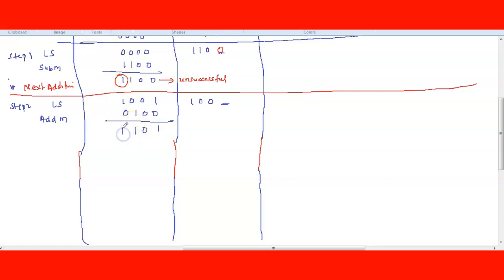This is 1. So here again the MSB is 1. This step is also unsuccessful. So the quotient bit will be 0, and again the next step should be addition only.